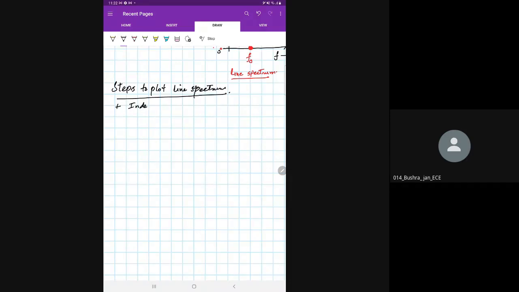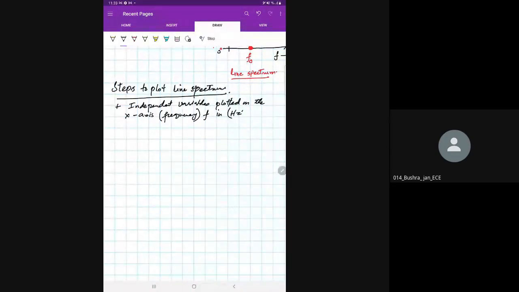Now see, independent variables which are plotted on the x-axis, that is frequency axis, F is in hertz.